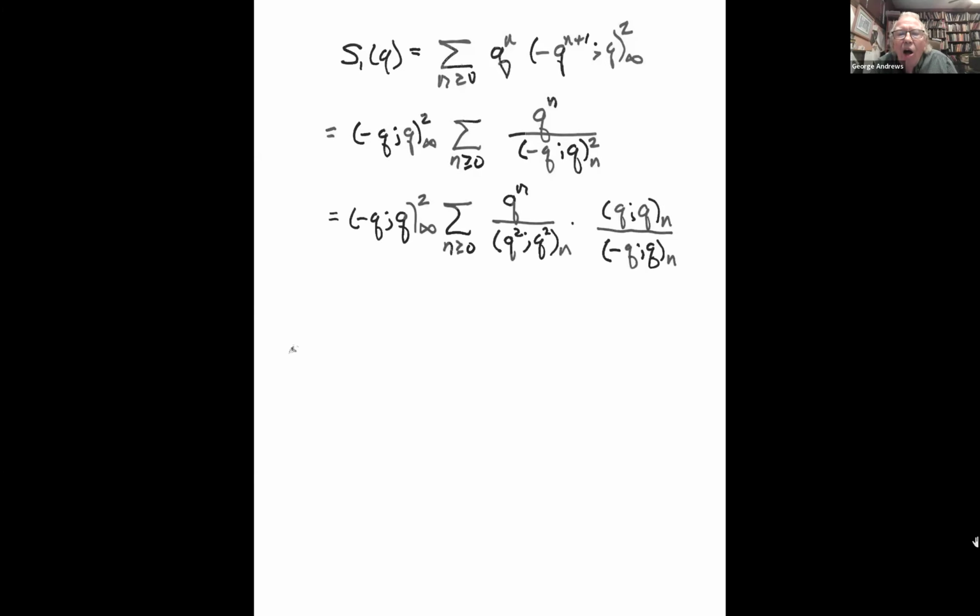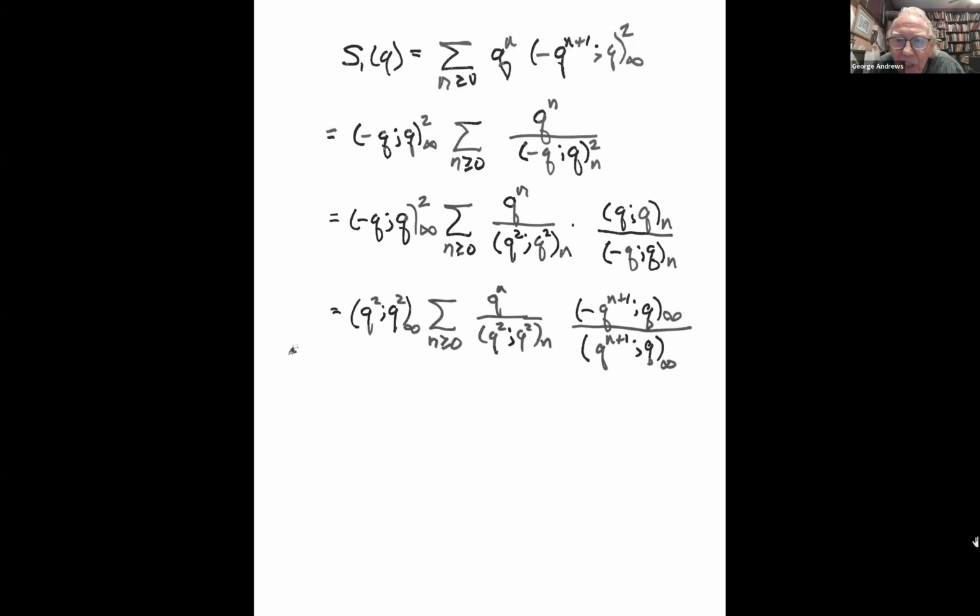And now I'm going to alter the term in two parts. So the q to the n remains, but I've introduced this factor (q)_n in both numerator and denominator, and I've amalgamated it with one of the (minus q)_n's to give me this expression.